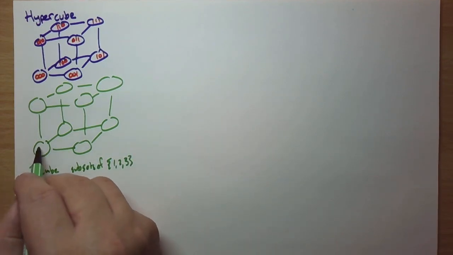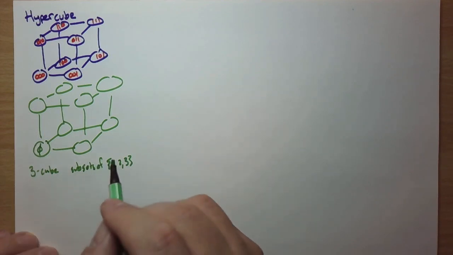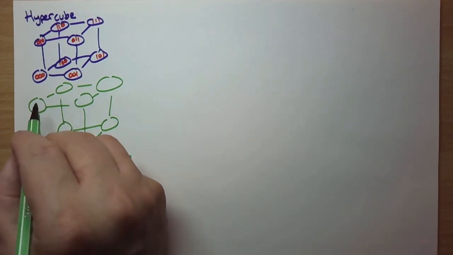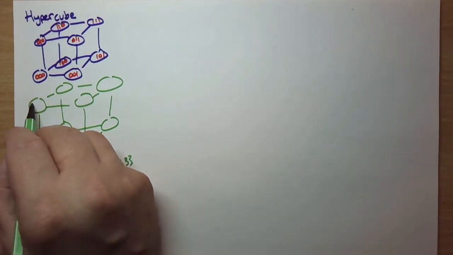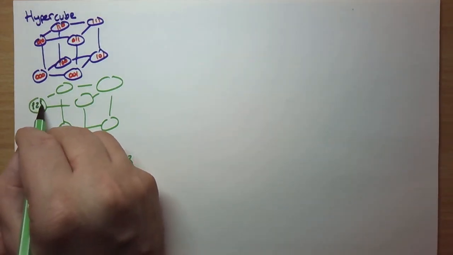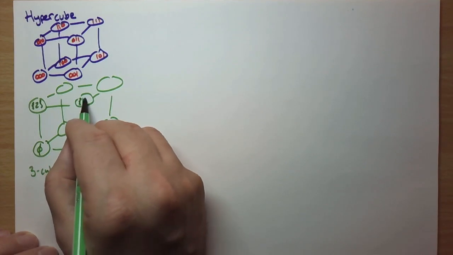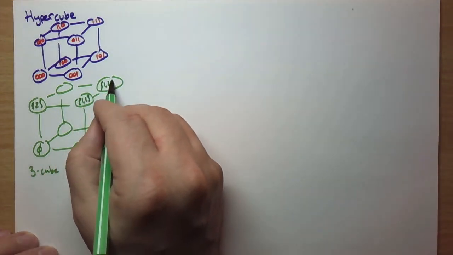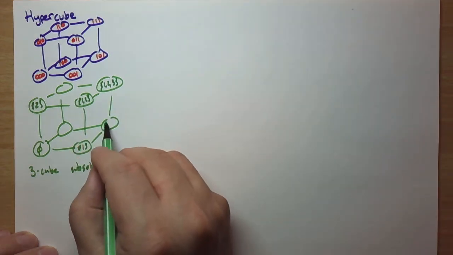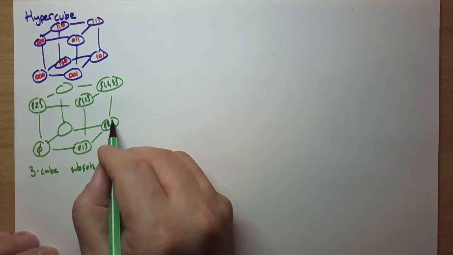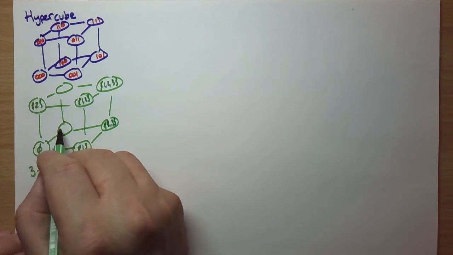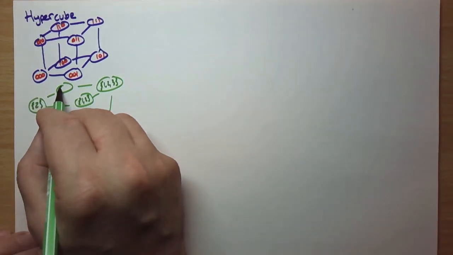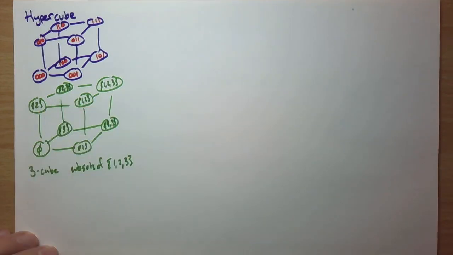So you have your empty set, 1, 2, 1 2, and out here this will be 1 2 3, 1 3, 3, and 2 3.